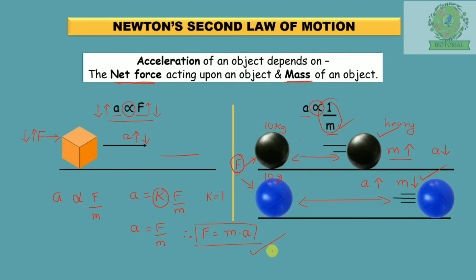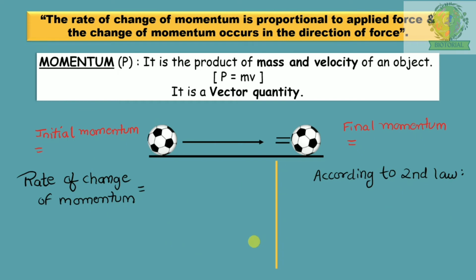Now let us learn this particular law, which is second law, in the terms of momentum. Okay, so let us first know what is momentum. This momentum is denoted with the letter P. Okay, so what is momentum? It is the product of mass and velocity of an object. Okay, which can be written as P is equal to mass into velocity.